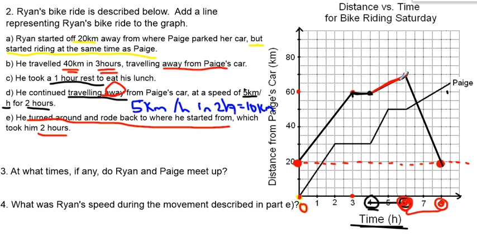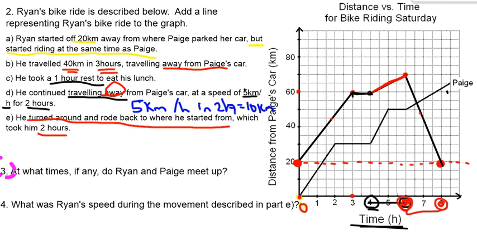And because it's not very steep compared to the other two parts of his movement, we know that he's traveling pretty slow. And just on that same thought, if I look here and compare it to here, where is he traveling faster? So just looking at those purple highlighted lines, this looks to be much more steep than this. So this is when Ryan is traveling the fastest. Okay, so just a quick review of looking at a graph and understanding things like speed.